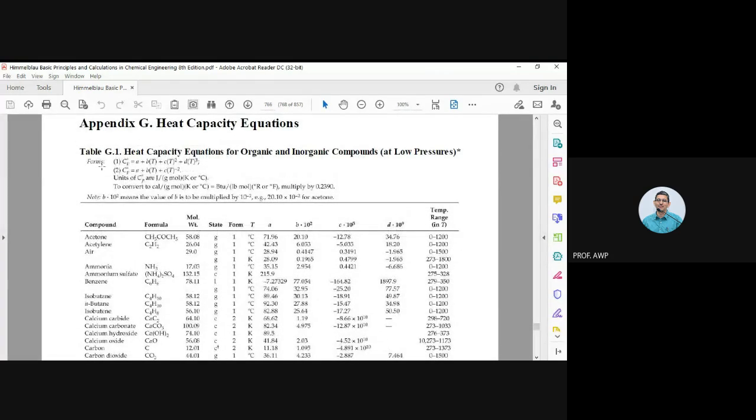Either it is equation 1 or equation 2, and you can get them for different gases. In equation 1 or 2, Cp units are joules per gram mole, and temperature is in Kelvin or centigrade. It is given here whether it is in terms of Kelvin or centigrade, for equation 1 or equation 2. So don't expect every data to be given to you.